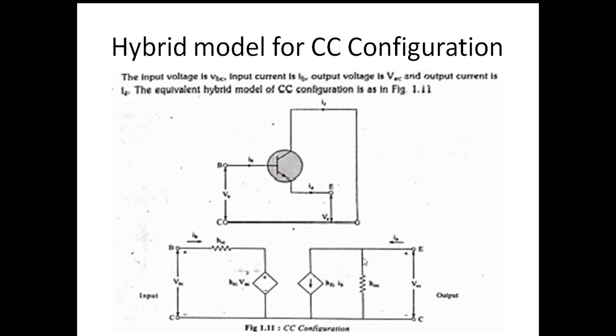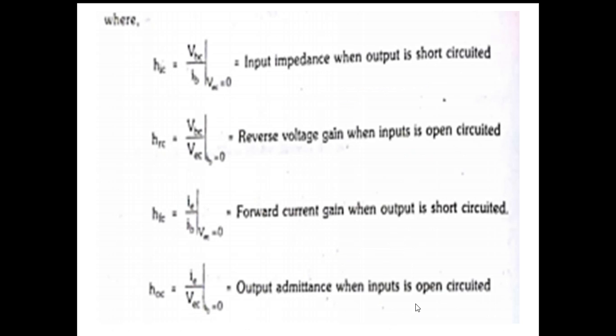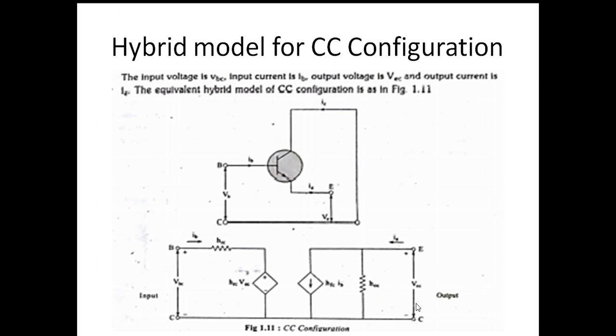Next, another current will flow through HOC, where HOC is the output admittance. Admittance is the reciprocal of resistance, therefore it must be represented with a resistance. The current IE is equal to the sum of these two currents, so these two must be in parallel. This is the complete hybrid model for common collector.